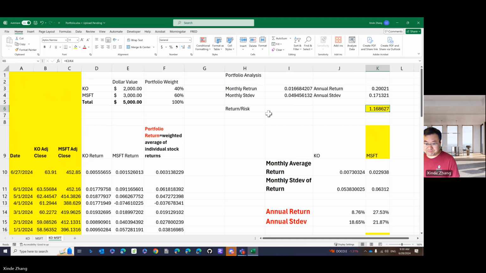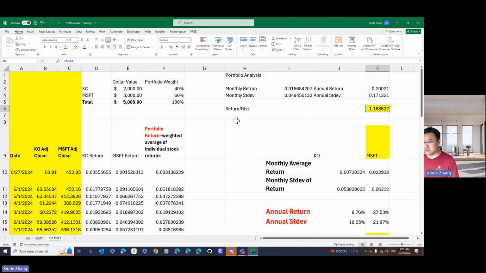Okay, the quick summary. What we have done for this one is, going forward, we upgraded from just a single stock to multiple stocks, and those are so-called a portfolio. And then we conducted the analysis on the portfolios.